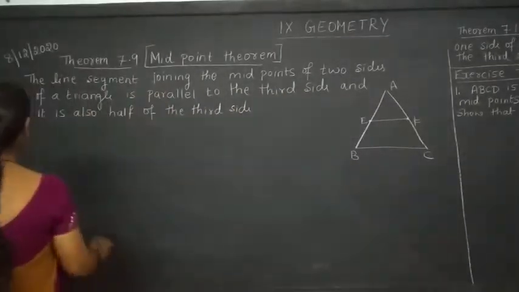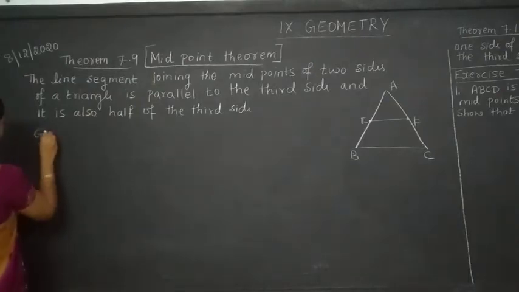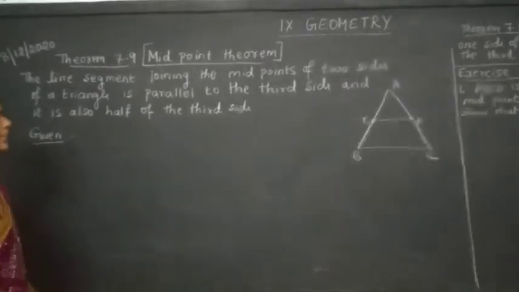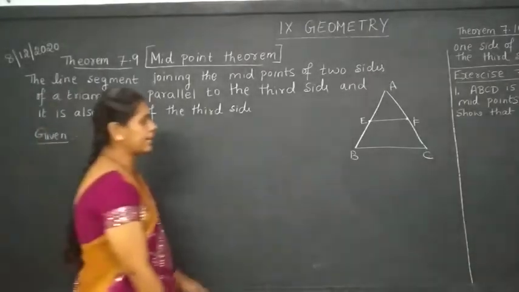So let us write given. What is given? ABC is a triangle.